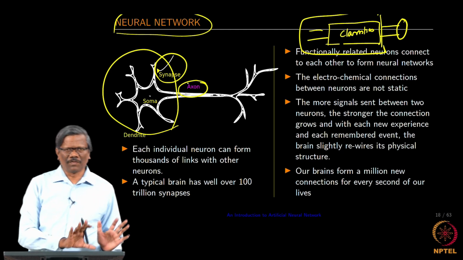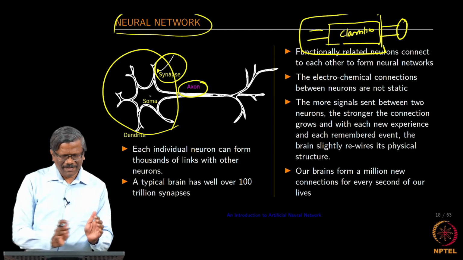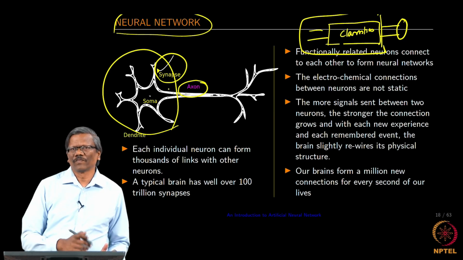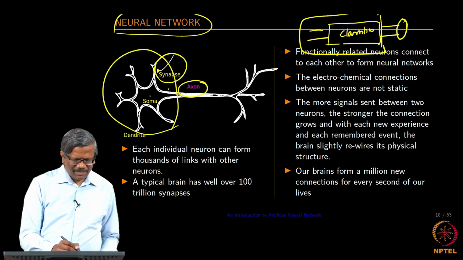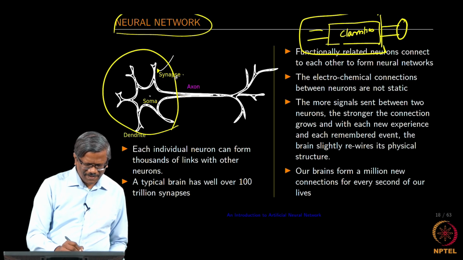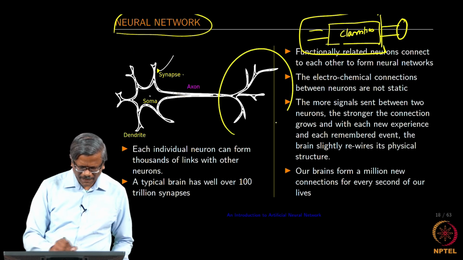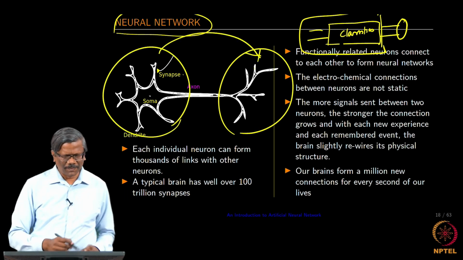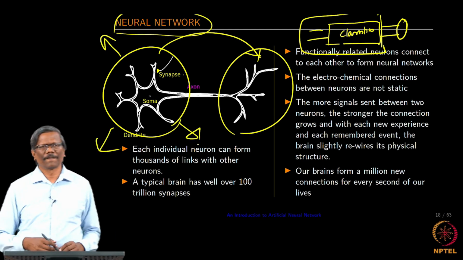So there is an input coming in, and the electrical signals are carried from one neuron to the other through axons. There are plenty of them in the brain, so you will have a similar structure on this side too, and here, here, here and so on.